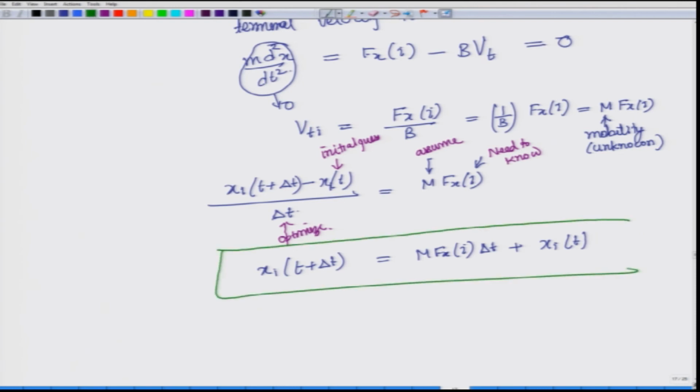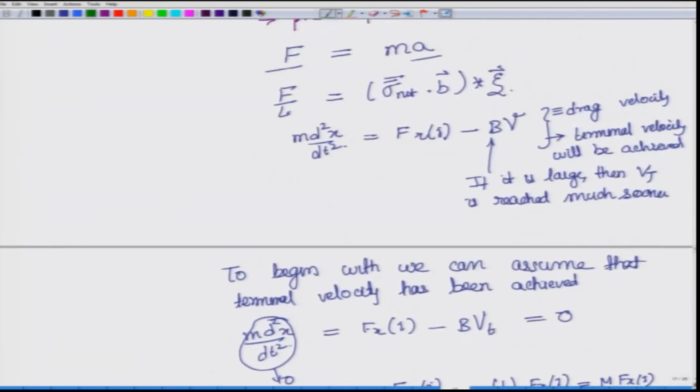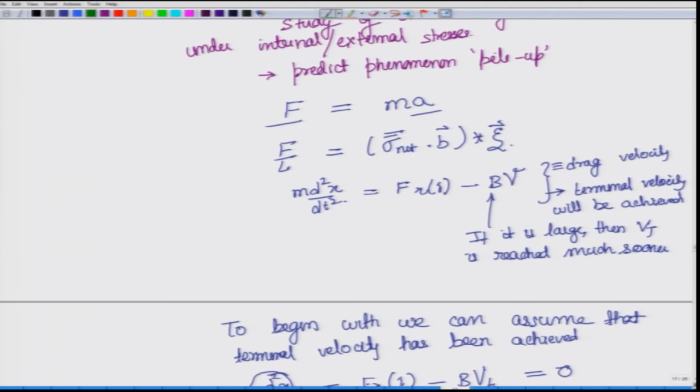So, this relation now allows you to calculate the new position of a dislocation given that you know the force acting on it, which we should be able to calculate based on the stresses being created by other dislocations. Once you have those stresses, you just need to use the Peach-Koehler relation, which will give you sigma dot b cross xi.